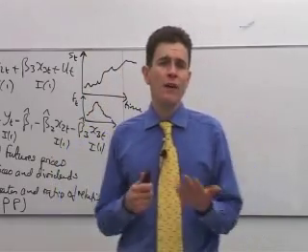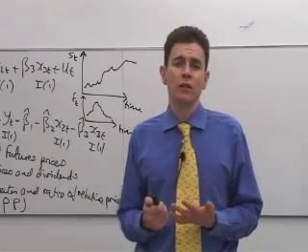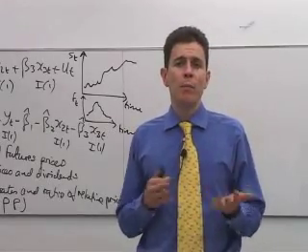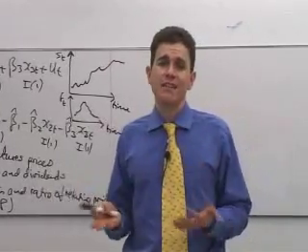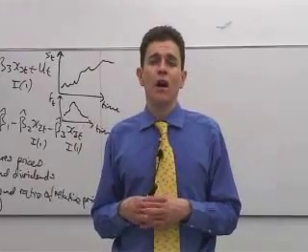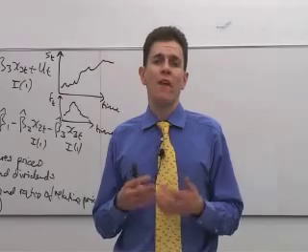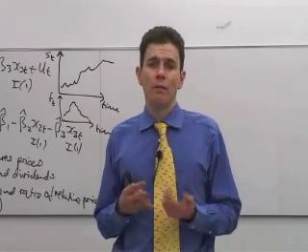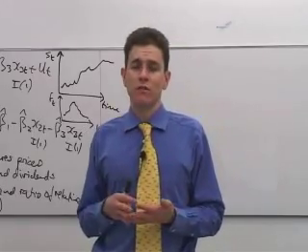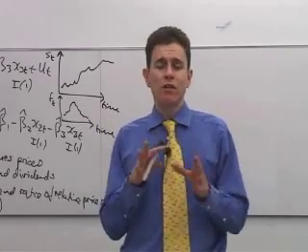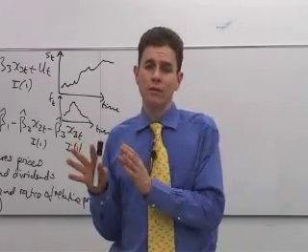So if we have a look at the error correction model for a simple bivariate case where we've just got two variables y and x in our system, then this is an example of what the error correction model might look like. The way that we interpret the error correction model is to say that it contains two components.